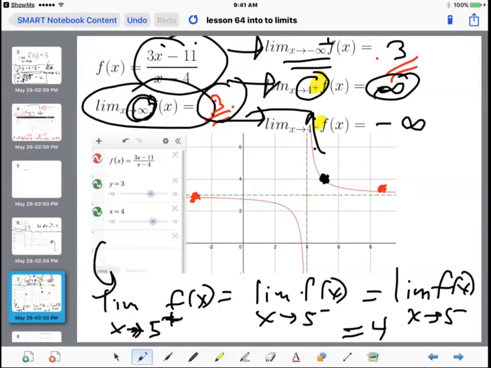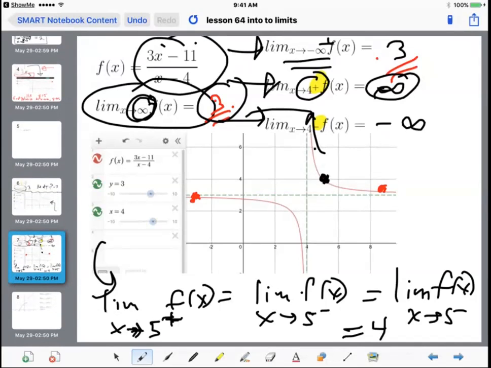So that's the idea behind limit. I should quickly mention, you might wonder, is that exactly the same thing as saying f of 5 equals 4? It seems basically the same thing in this situation where you're not going to an asymptote or anything.